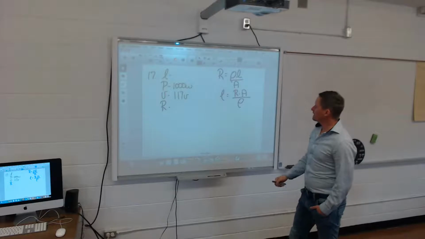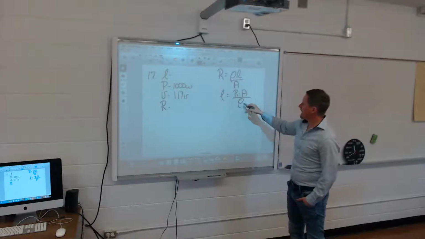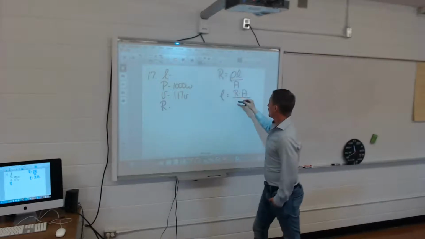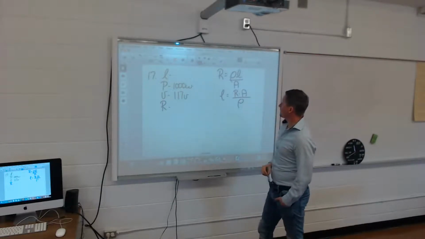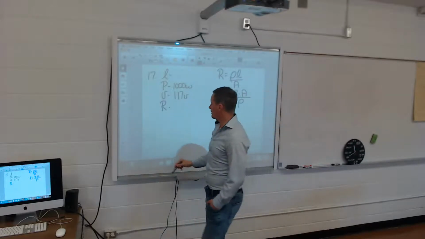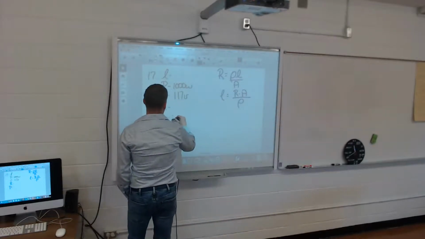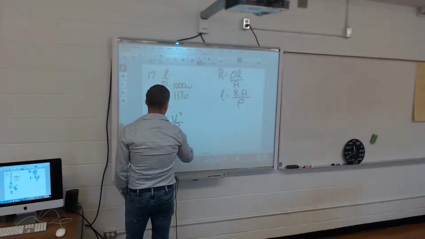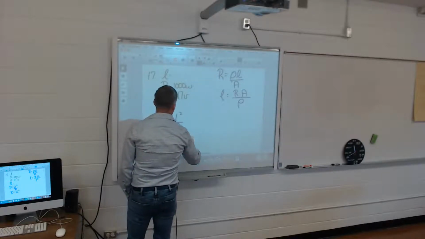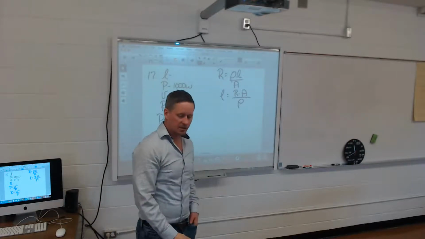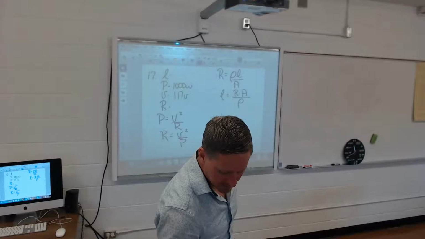The first thing I need is R, A, and my rho constant. So I'm going to solve for R first. Power is equal to V squared over R, therefore R is equal to V squared over P. So we're going to take 117 squared and divide it by 1,000.